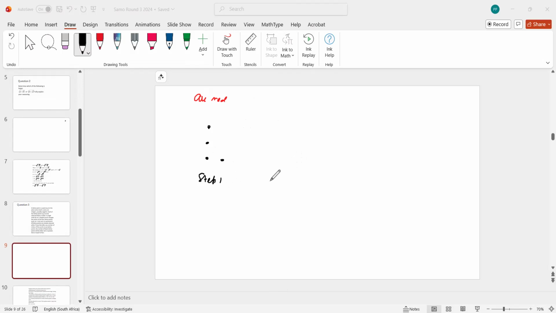Step 2. I'm going to punch this scenario, and my L could be in various positions. You could have L hitting that one, or you could have had L elsewhere.